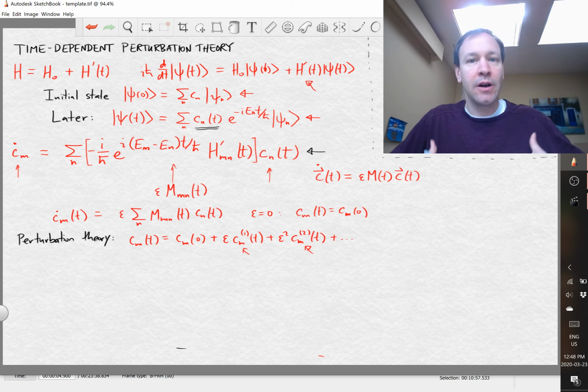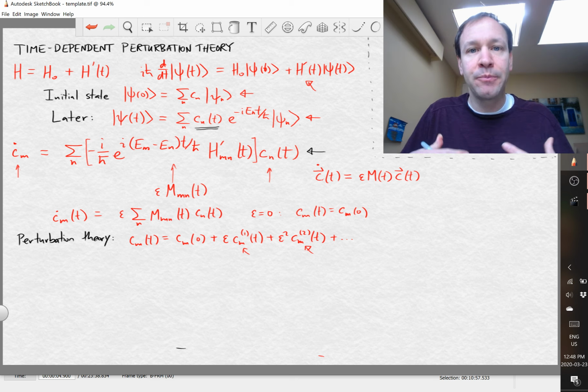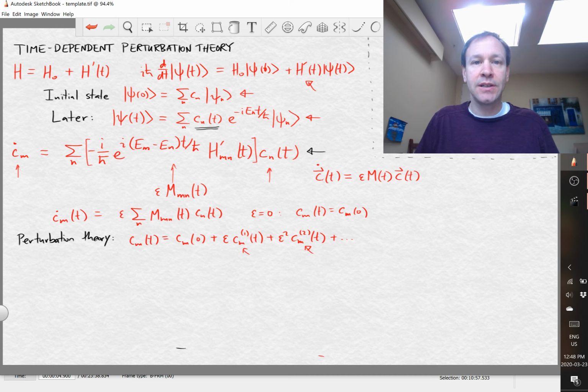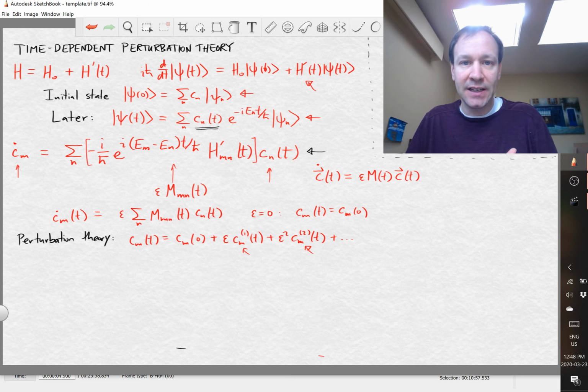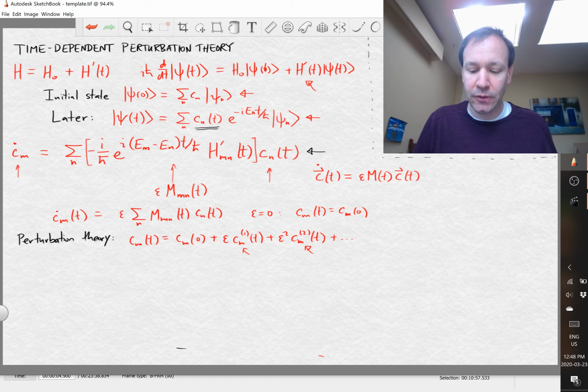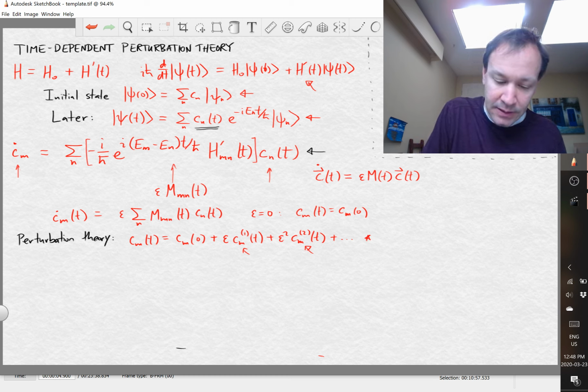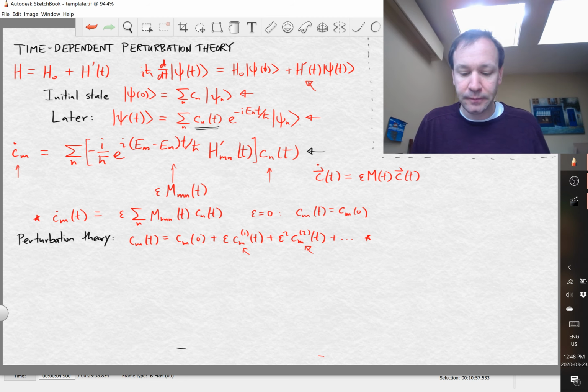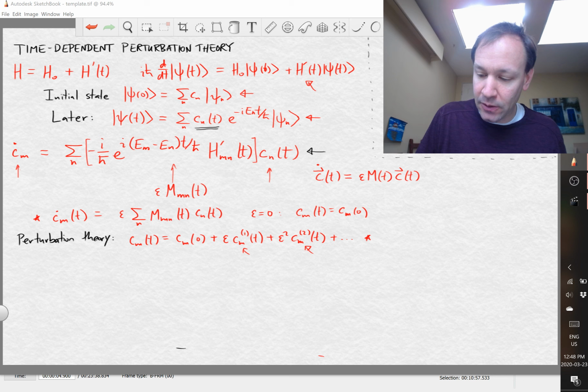And so our method for perturbation theory is just to take this expression, plug it into our differential equation, and then demand that the terms at every order in epsilon vanish. So let's do that. So we plug this expression into this equation. And what I'm going to do is just keep the terms at order epsilon.